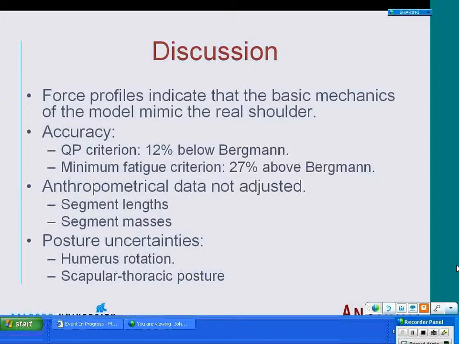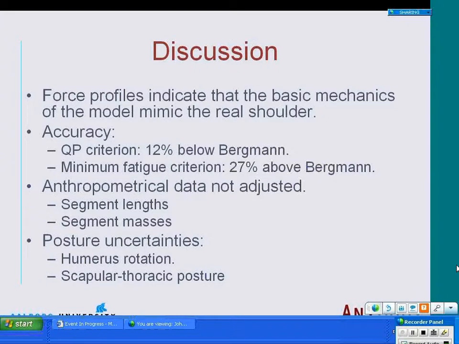Those are not reported in the paper, so it hasn't been possible to adjust our model completely. These are things like segment lengths and detailed segment masses, which of course may vary considerably between individuals, and they may not be the same in our model as they were in the test person.